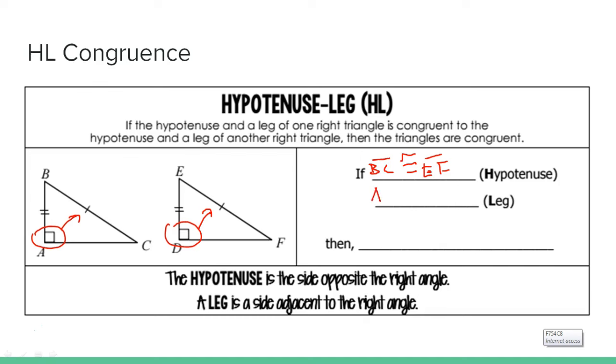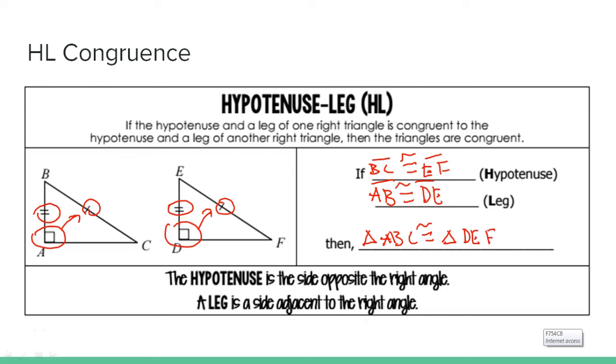In this case, they told us that AB is congruent to DE. And if that's true, if you've got a right angle, you've got hypotenuse being congruent, and you've got one of the legs being congruent, you can say that these two triangles are congruent. Triangle ABC is congruent to triangle DEF.